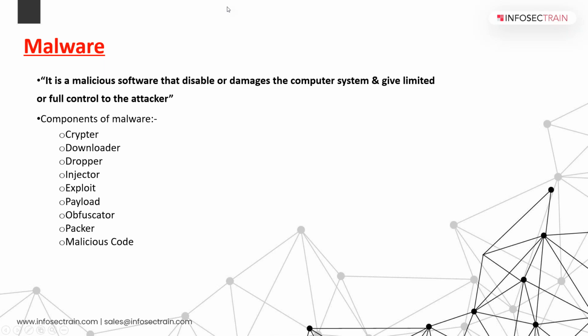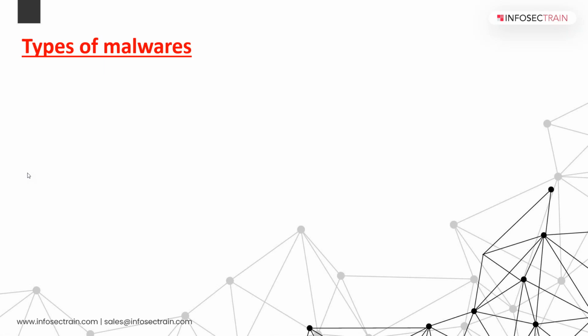So what are the components of malware? Scripter, downloader, dropper, injector, exploit, payload, obfuscator, packer, and malicious code. These are the components of malware. Now, what are the different types of malware we can use? The first virus was created by the name of Creeper.